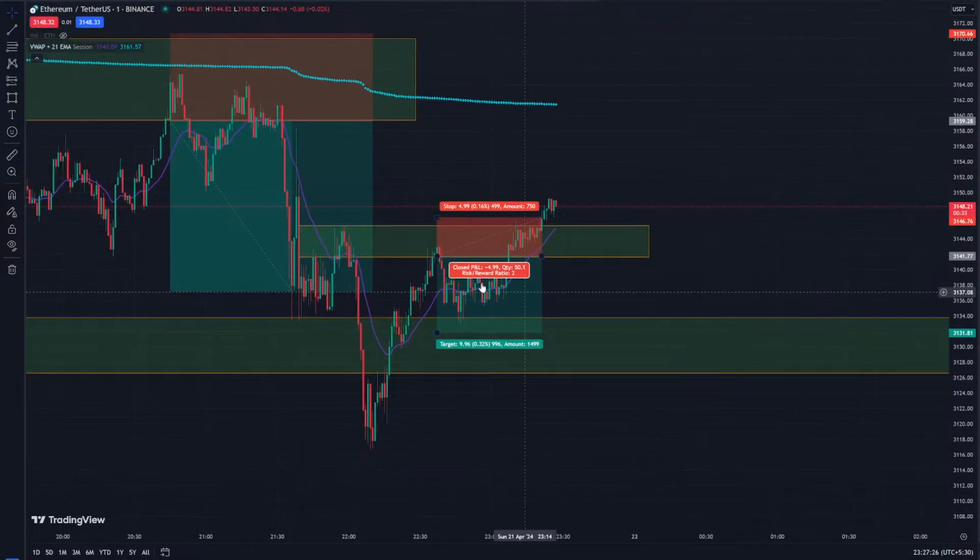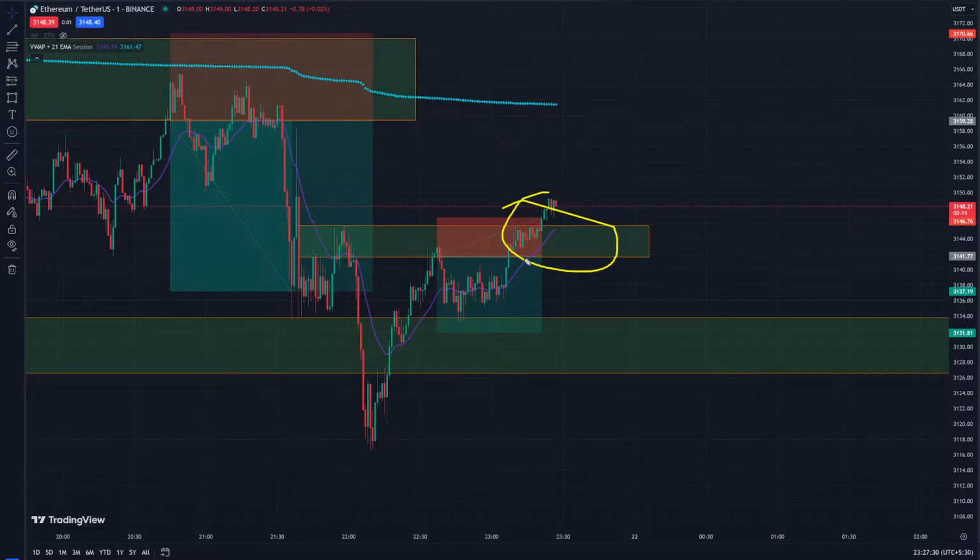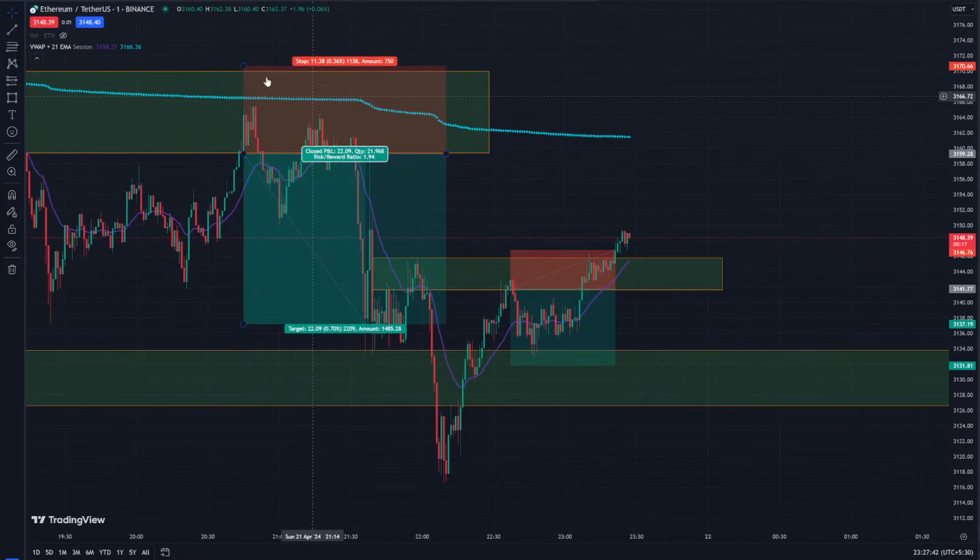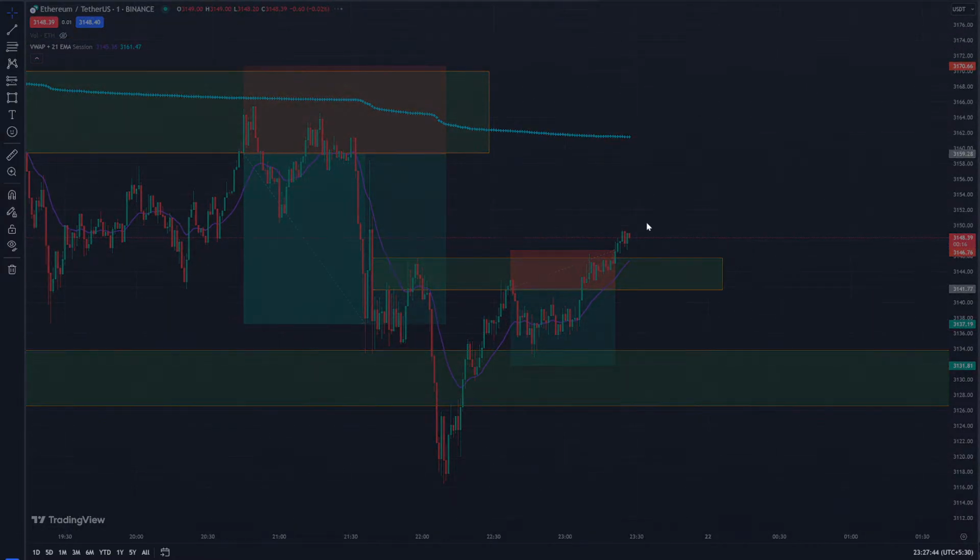Now, since this didn't work right here, we will wait patiently for a setup to happen. There is currently no setup happening. Let me check in 1 hour's time.